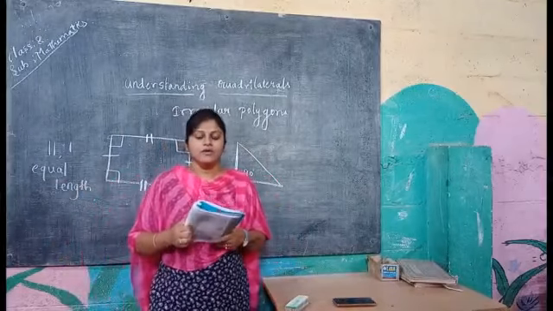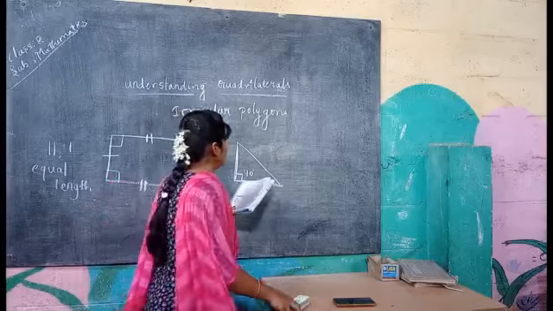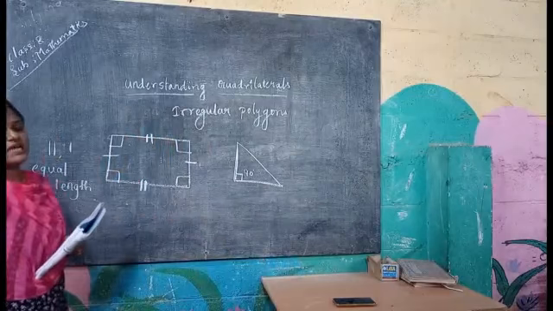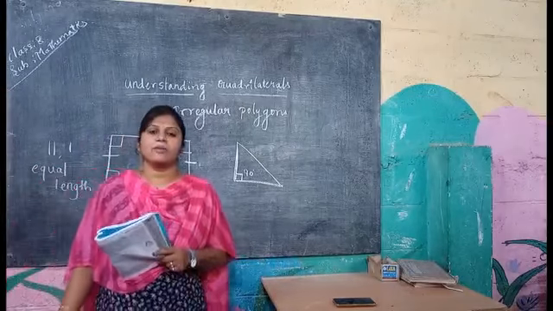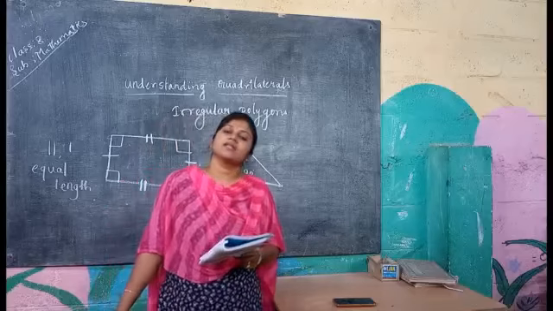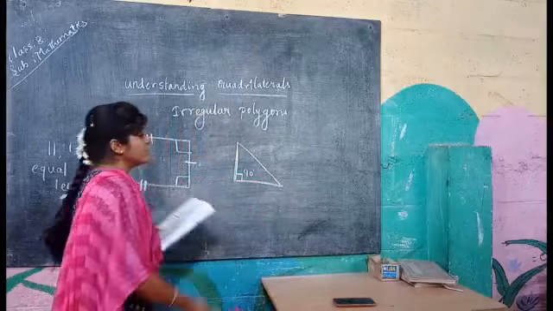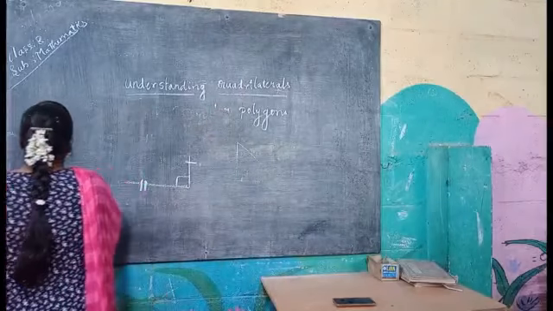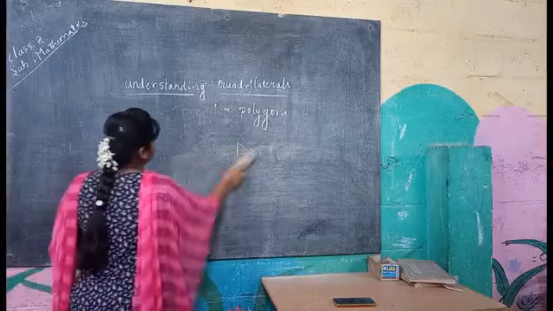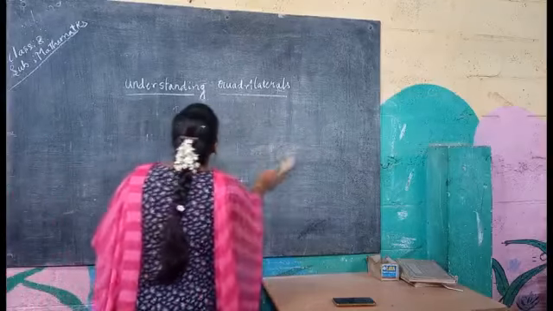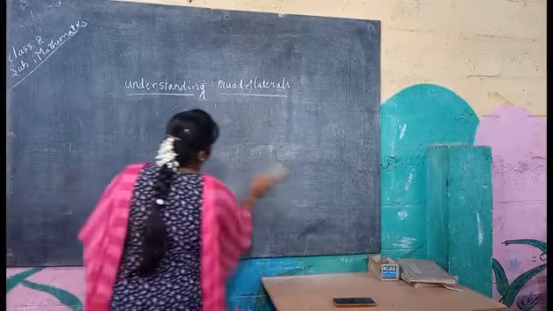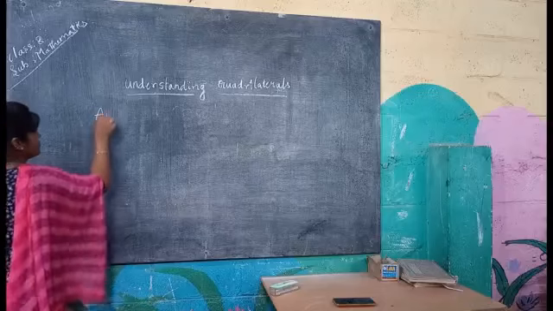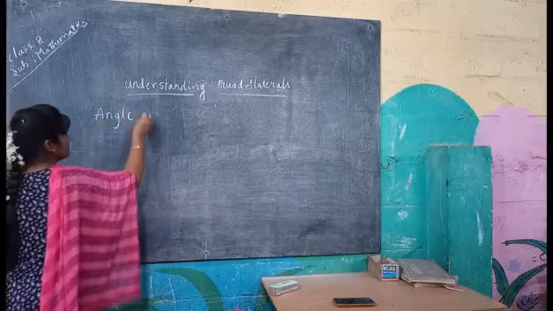Okay. Now we'll move on to the next one, that is angle sum property. You all know the angle sum property of triangle. What is the property of triangle? In the previous class we studied about all these things. What is the angle sum property of triangle? I'm not asking about the equilateral. I'm asking triangle. Formula for triangle.